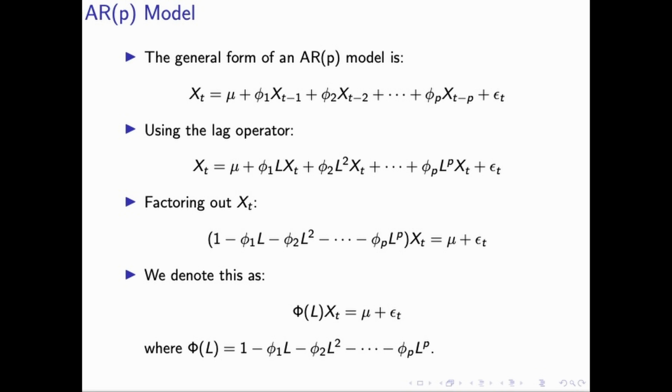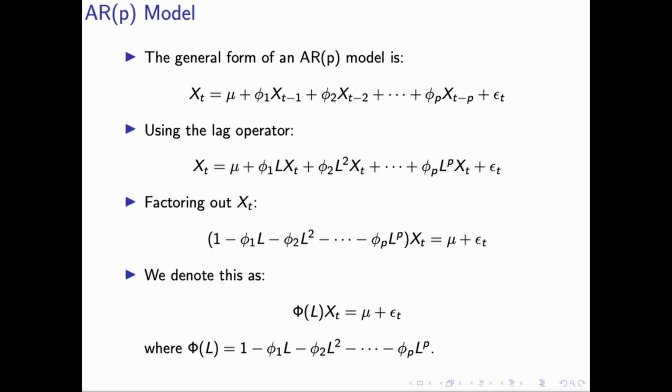plus epsilon_t. We can factor out x_t and represent the equation as (1 minus phi_1 L minus phi_2 L squared minus, up to the term phi_p times L to the power p) times x_t equals mu plus epsilon_t.